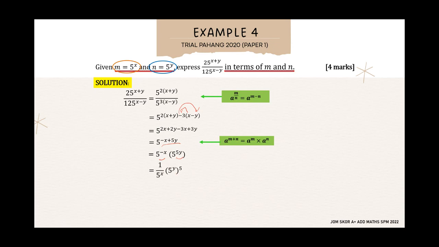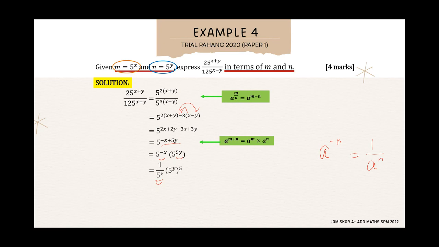Okay, so kita akan dapat 1 over 5 to the power of x. Nilai ini adalah sama dengan 5 kuasa negatif x. Ingat lagi tak? Pernah belajar semasa tingkatan 3. Kalau kita ada a to the power of negative n, nilai ini adalah sama dengan 1 per a to the power of n. So, saya gunakan konsep itu.